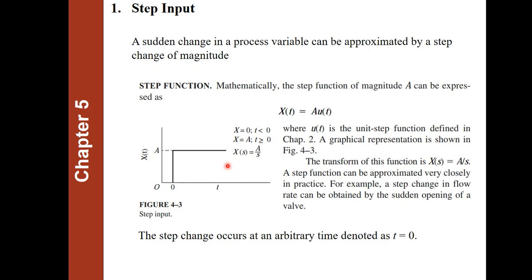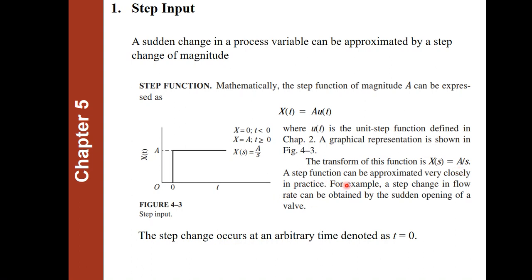For this unit step function u of t of magnitude A, the Laplace transform, which was also discussed in our previous discussion, is A over s. So the transform of this function, X of s, is equal to A over s.